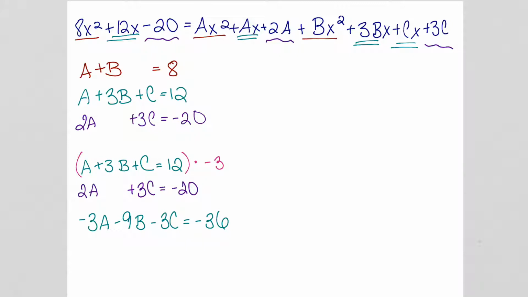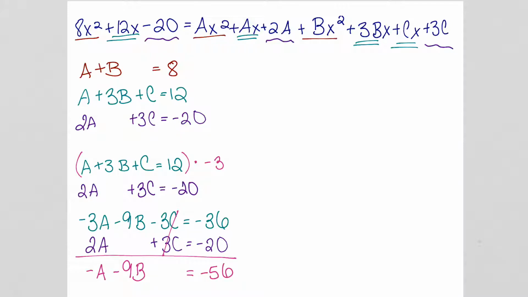Okay, so we have this here, and then we've still got our same bottom. And we add. The C's go away, so we're left with negative A minus 9B equals negative 56.